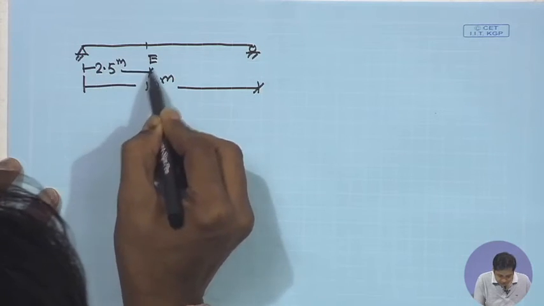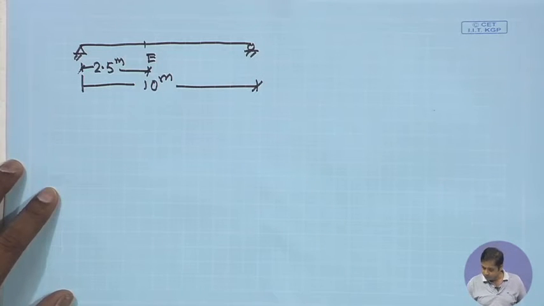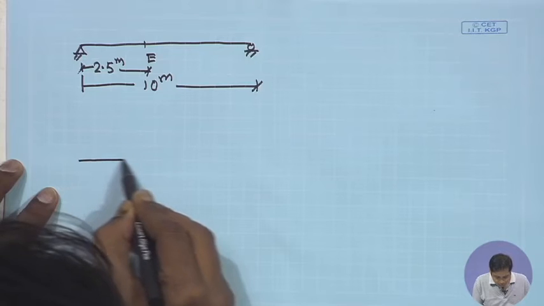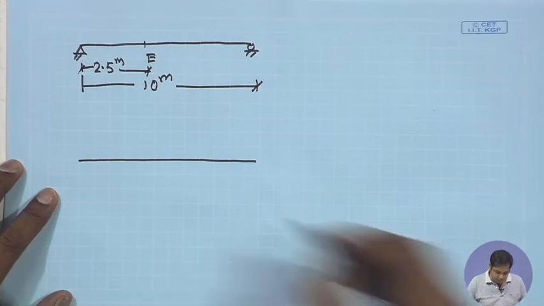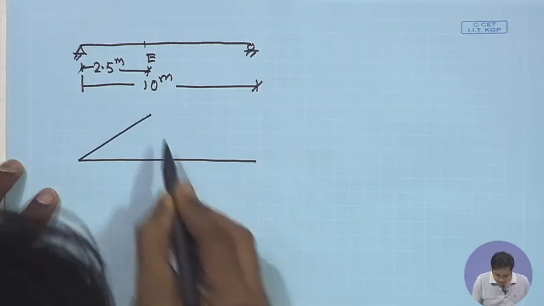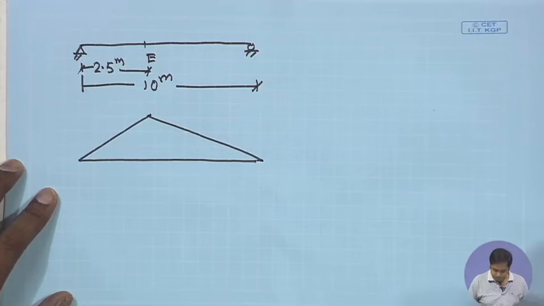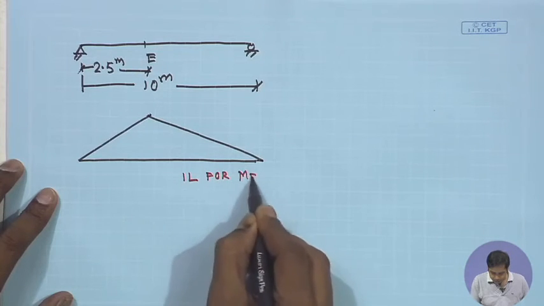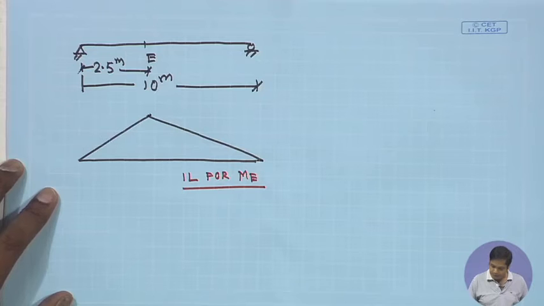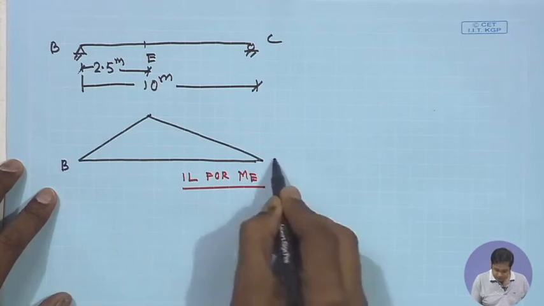We want to find out, let us first do it for maximum bending moment. Now, what is the influence line diagram for bending moment? This is the influence line diagram for ME. This is B, this is C.